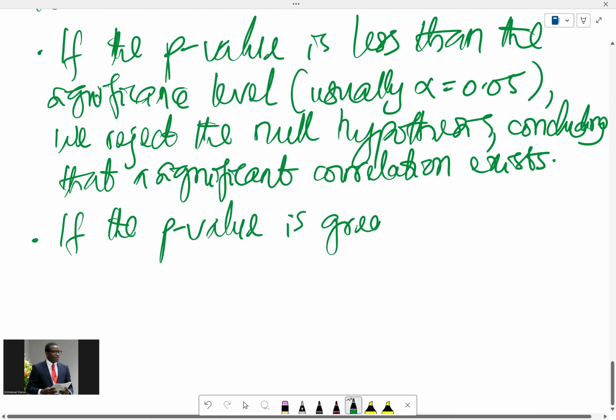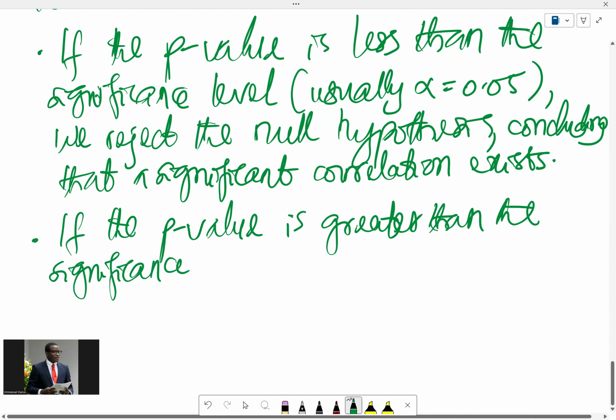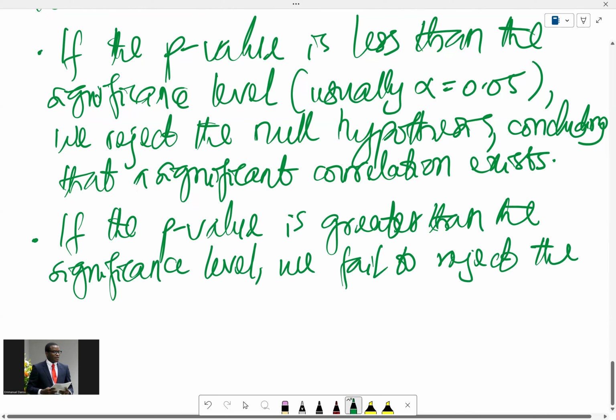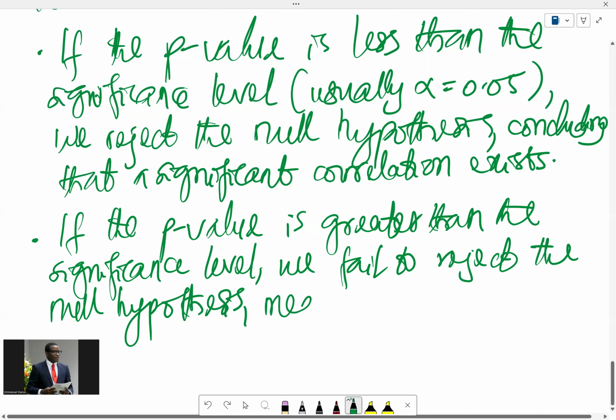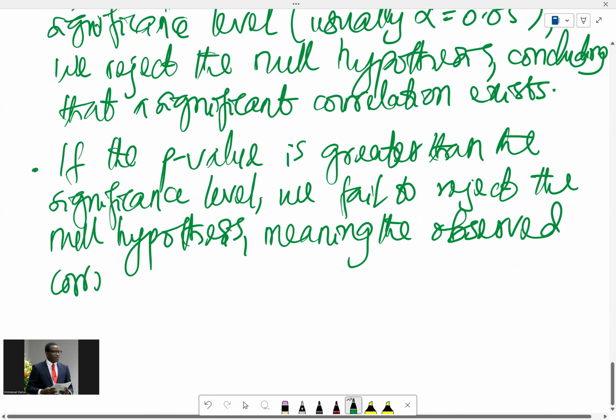And then we have the second one, that if the p-value is greater than the significance level, we fail to reject the null hypothesis, meaning the observed correlation could be due to chance.